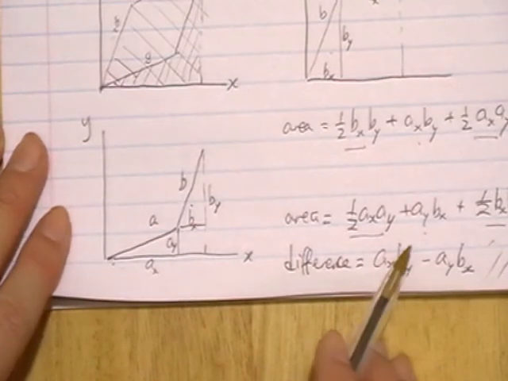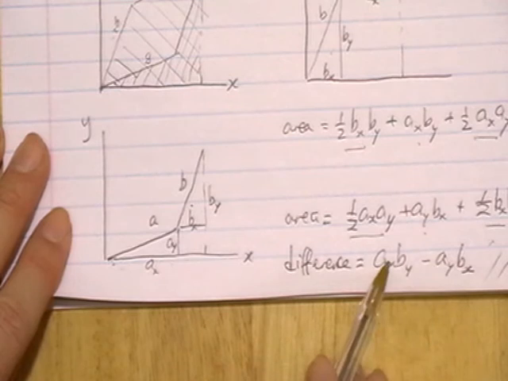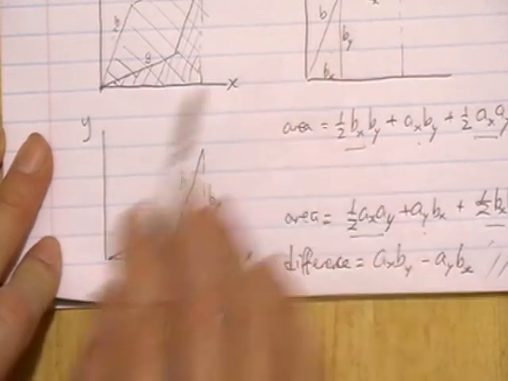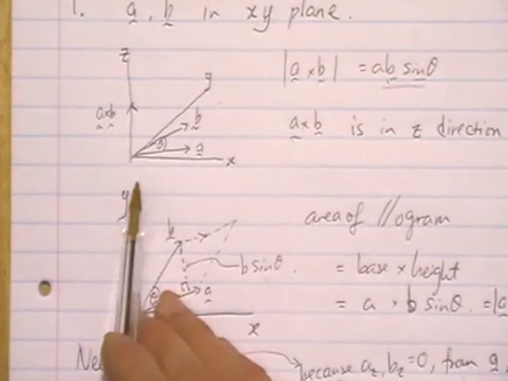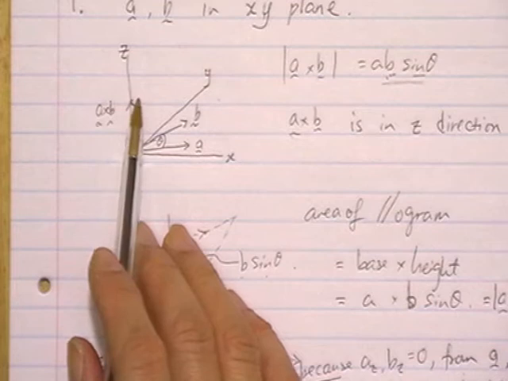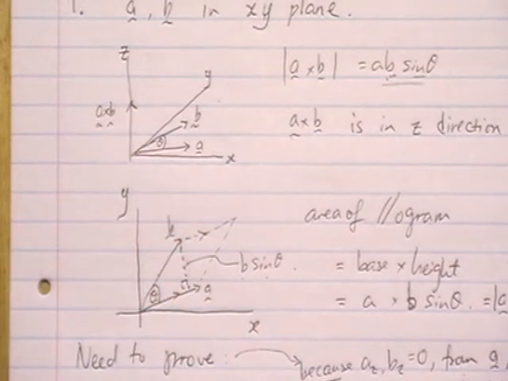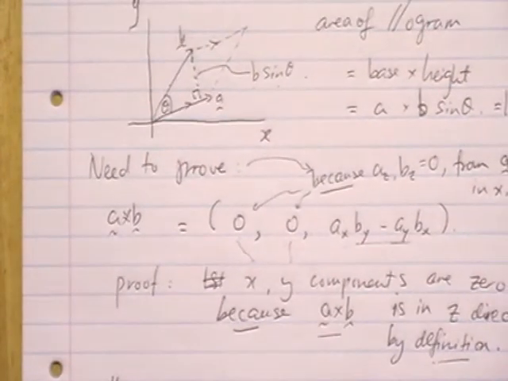Alright, this shows that I would get a negative value for the difference, and that gives me the correct direction if the cross product points in the negative z direction. So that completes the proof for the case when A and B are in the xy plane.